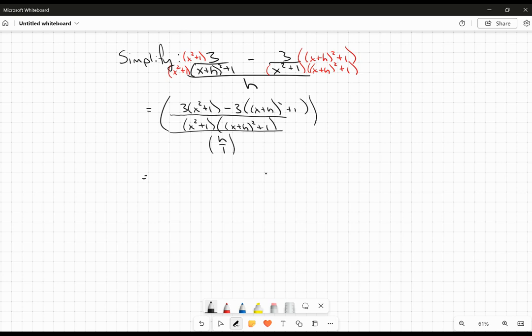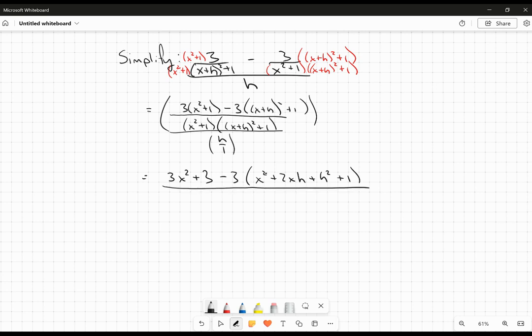So this is going to become 3 times (x squared plus 1), which is 3x squared plus 3, minus, and I'm going to do this in two steps just to make sure it's really clear, (x plus h) squared, which becomes x squared plus 2xh plus h squared. And then there's that plus 1 that sits on the outside there.